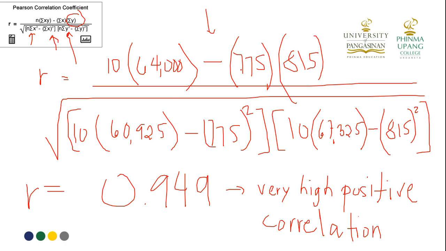Pero pag advance yung calculator mo, direct solving ka na, type mo lang sa calculator kung ano yung format sa ating solving here in PPT. Lalabas na yung 0.949. Okay? Simple as that if you have advanced calculator.